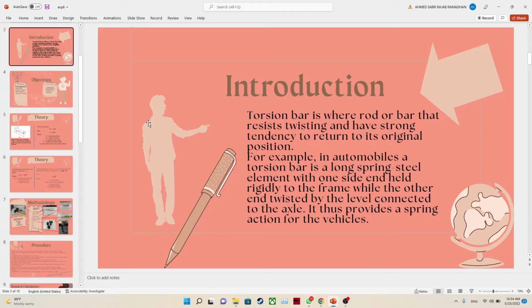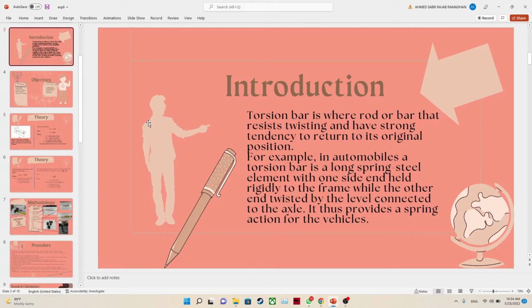We are Group 3. I will present the introduction part for our Experiment 6, torsion of the bar. We should know that a torsion bar is a rod or bar that resists twisting and has a strong tendency to return to its original position.